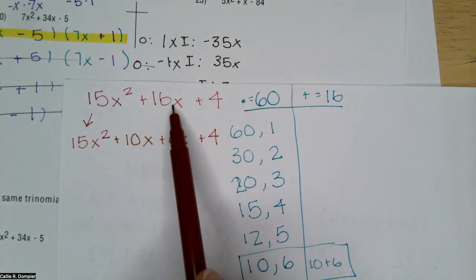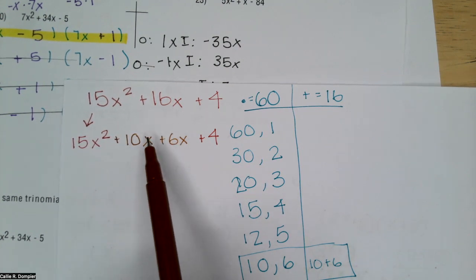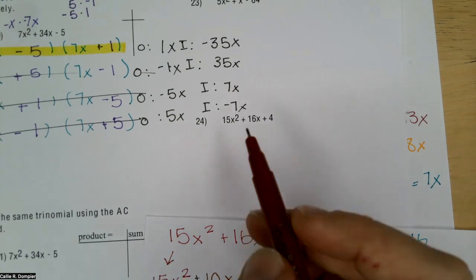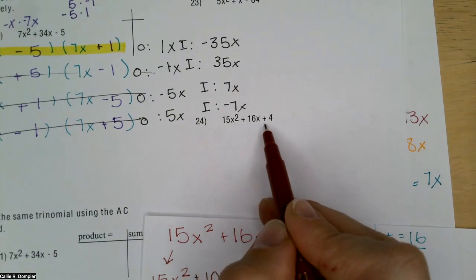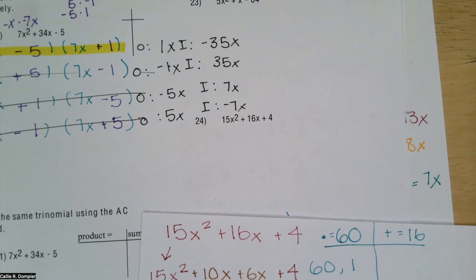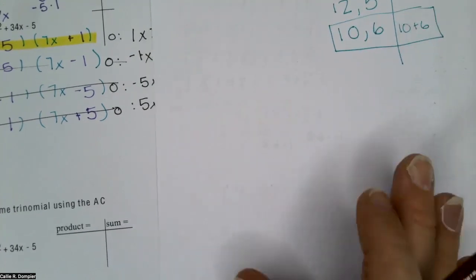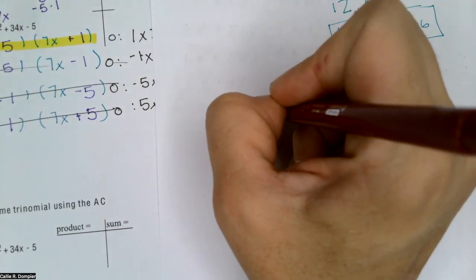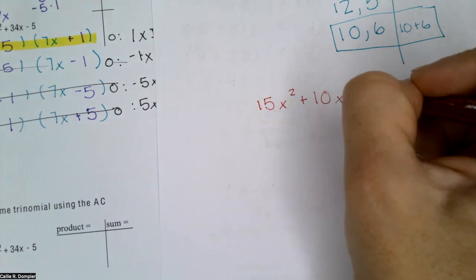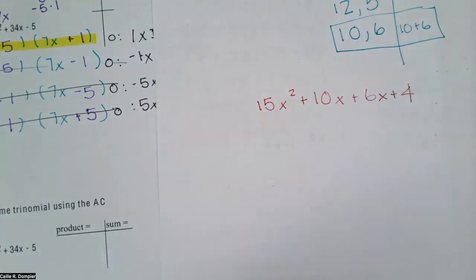So if the 16 becomes 6x plus 10x or 10x plus 6x, okay? Now we're going to factor by grouping. So 15x squared plus 16x plus 4 becomes 15x squared plus 10x plus 6x plus 4.